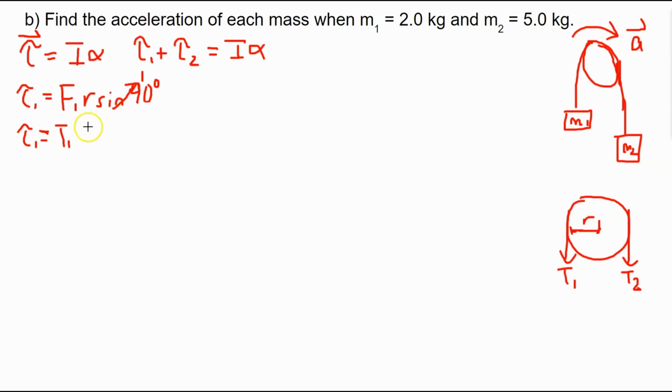So we have that torque 1 is equal to the tension 1 times the radius, and we said the radius was 0.5 meters. Now, unfortunately, we don't really know anything beyond this point, so we're going to have to leave it as torque 1 is equal to 0.5 T1. Now we're going to do the same thing for torque 2. So let me just erase that.